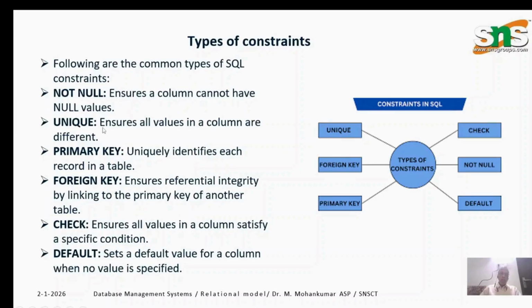The second one is the unique constraint, which ensures all values in a column are different. For example, we have a student register number. In that column, every record we enter is different, so it is called a unique constraint.